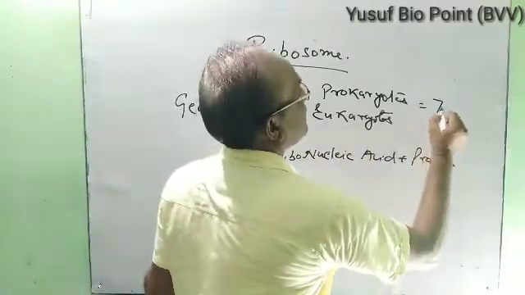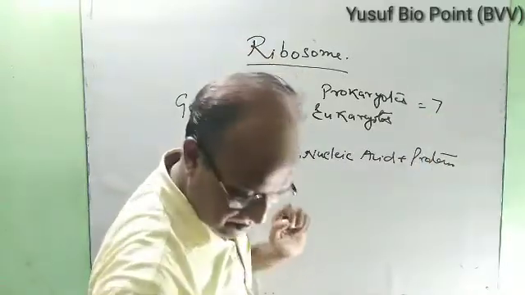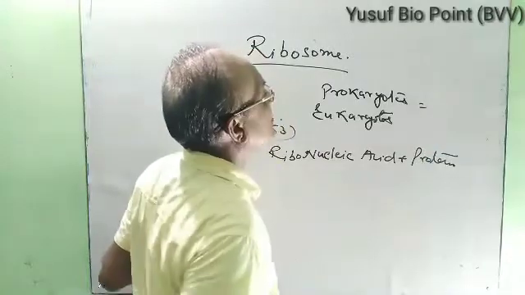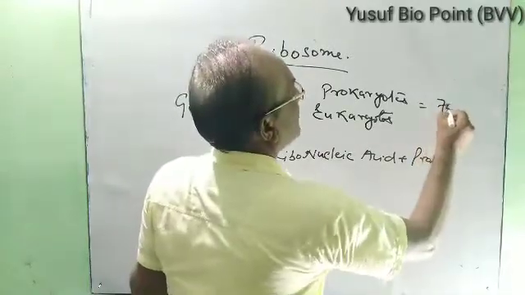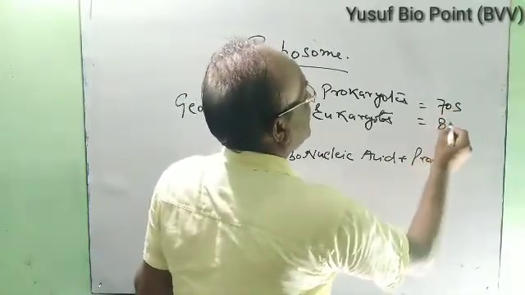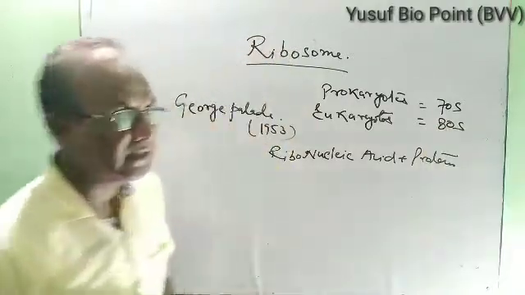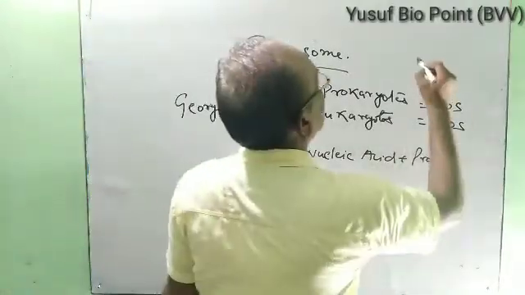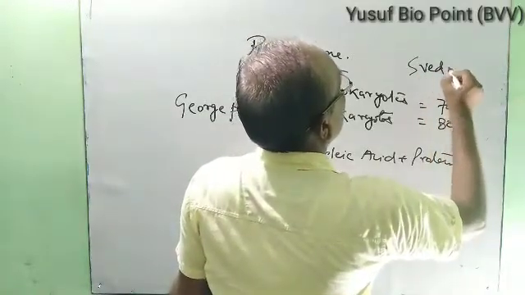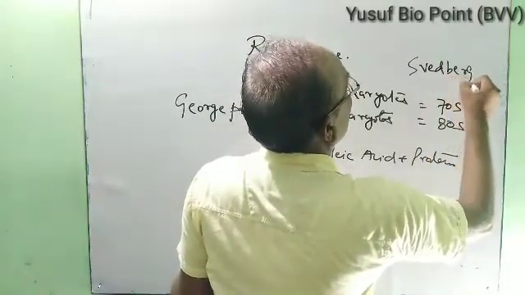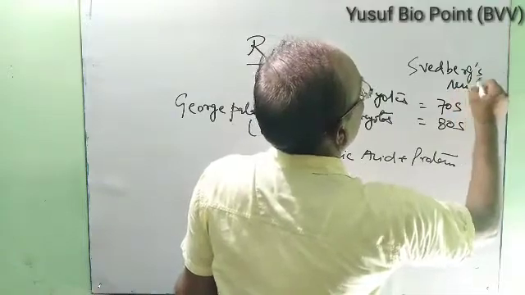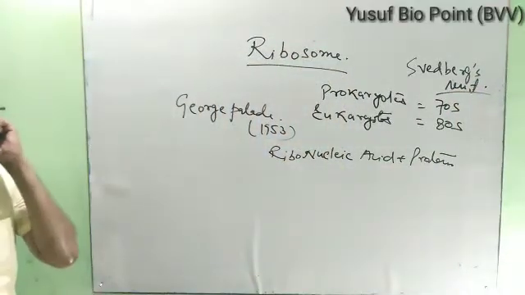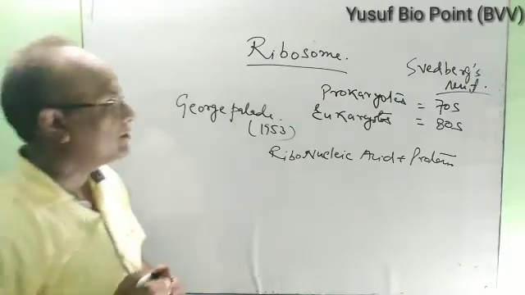In them it is of S type, and in eukaryotes it is of 80S type. Here S means Svedberg unit.